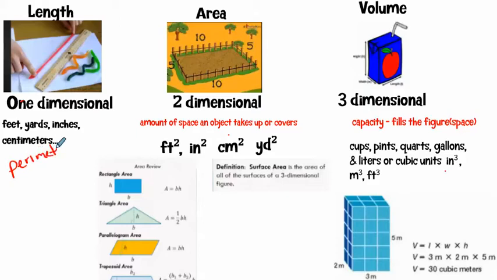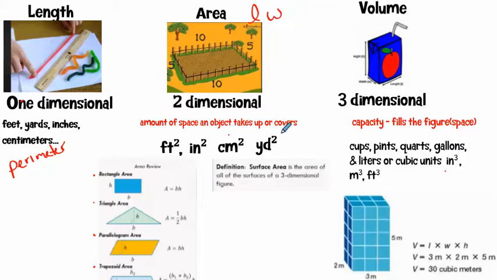Now we've been talking about area. Really early in the year, we looked at the area of a rectangle, a triangle, a parallelogram, and even a trapezoid. That's two-dimensional. It's looking at length and width. That is the amount of space that something covers.